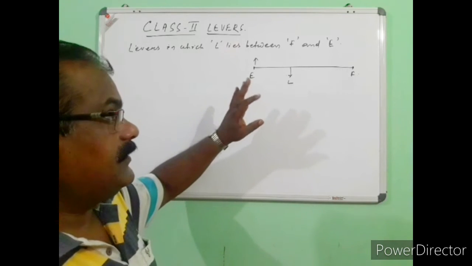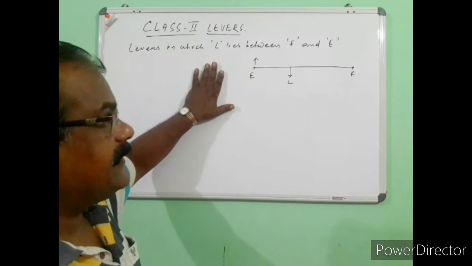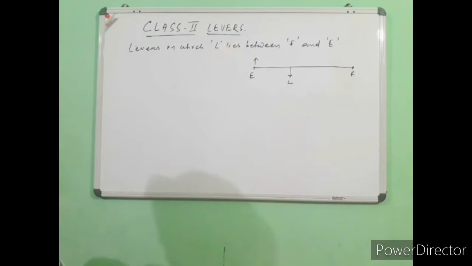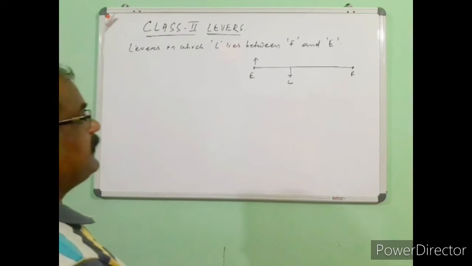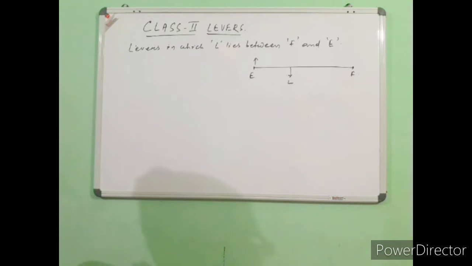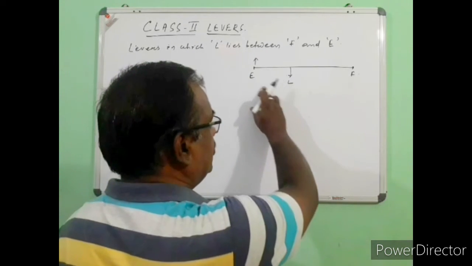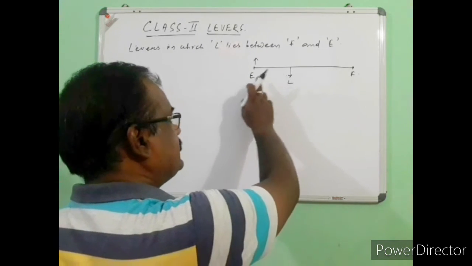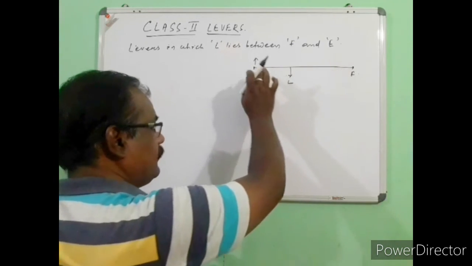Now similarly, we go to class 2 levers. As from the definition we have discussed previously, levers in which the load lies between fulcrum and effort are said to be class 2 levers. Now diagrammatically you will represent the load point lying between the fulcrum and effort.